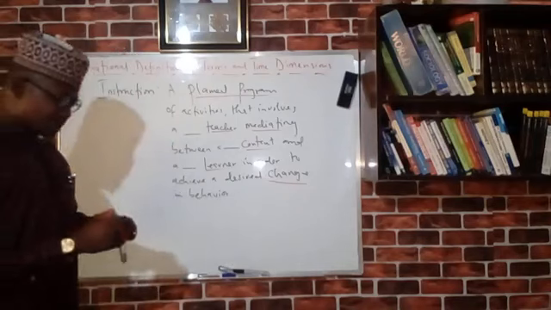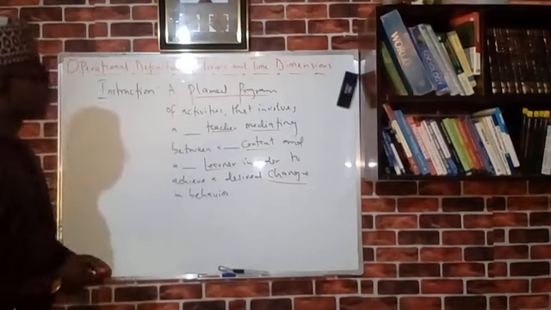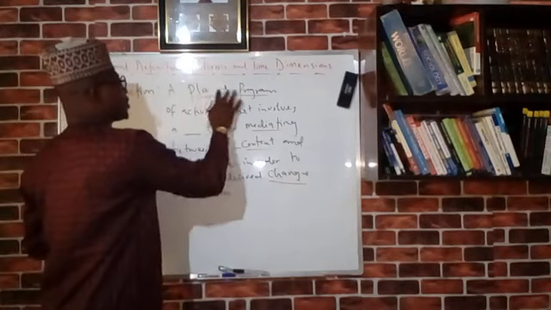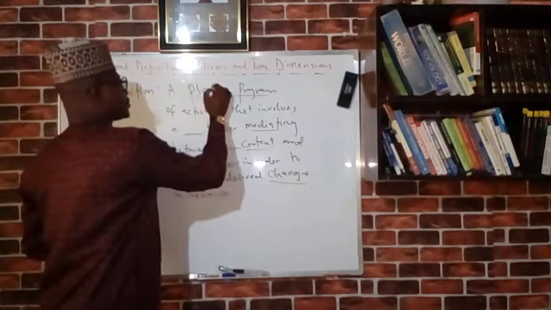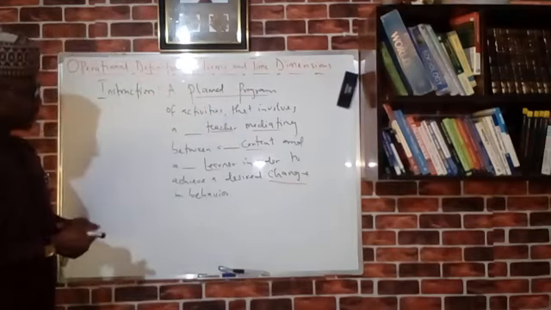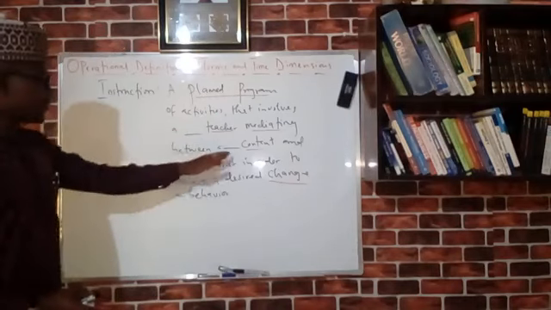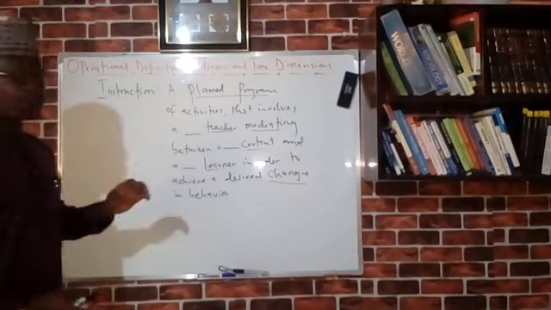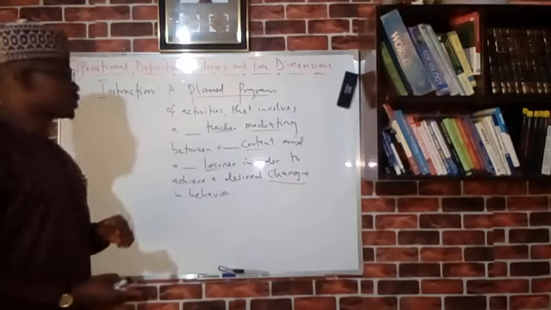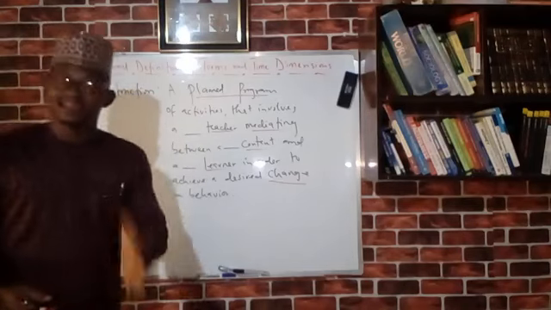So these are key to the working understanding of the word instruction. Now, why the dash? We must first understand the implication of these keywords. That means an instruction is what some people might refer to as a lesson.